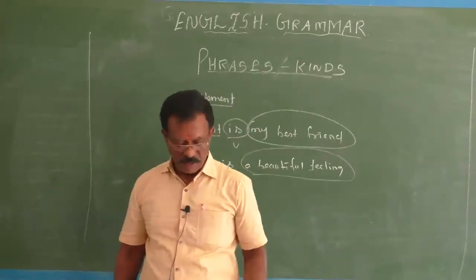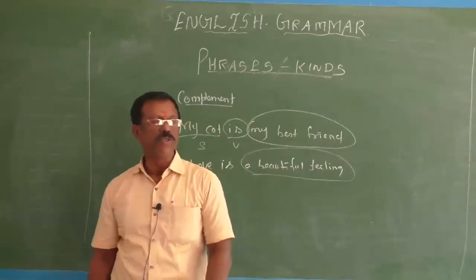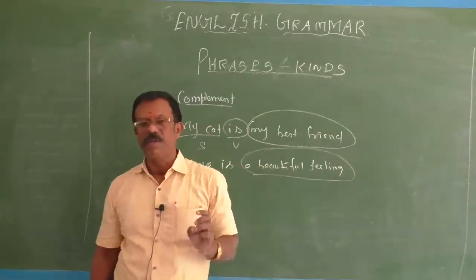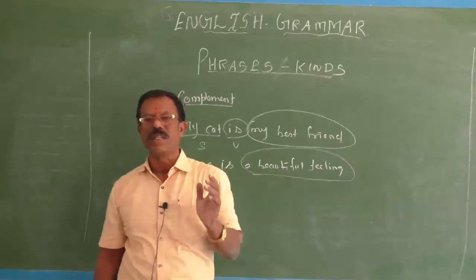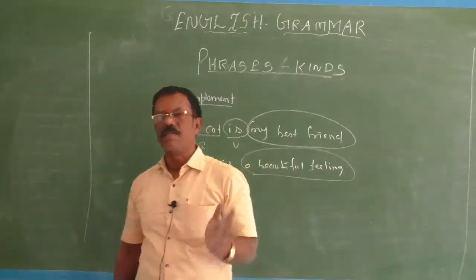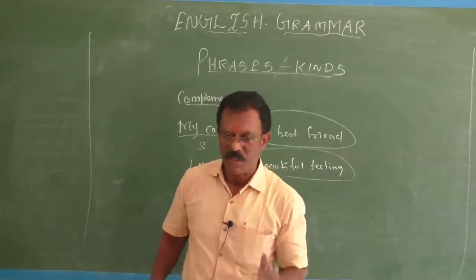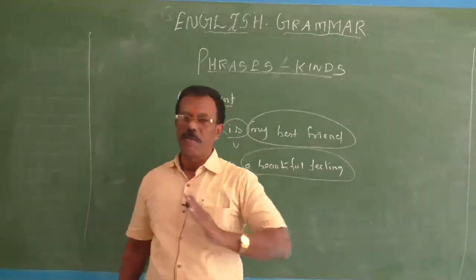For that also I will give you one or two examples. Then a noun phrase can be used as a subject of a sentence, as an object of a sentence, as a direct object, an indirect object, a prepositional object also, and as a complement.